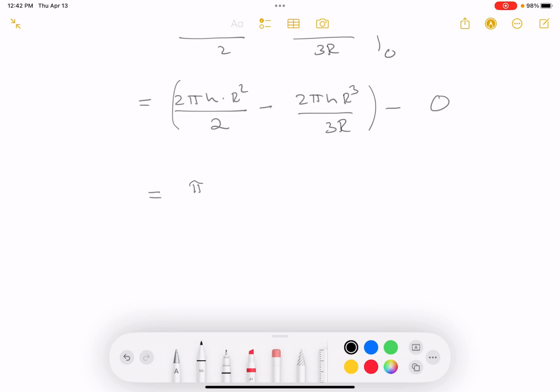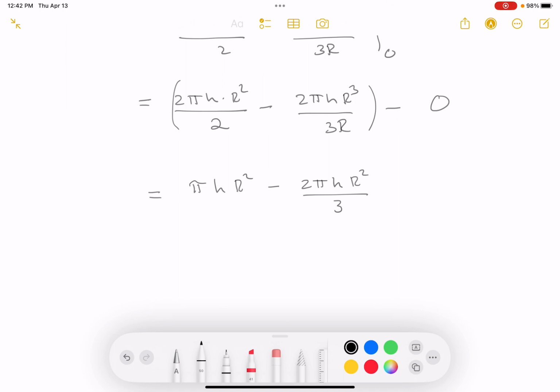You get pi h r squared. What do you get over here? You get minus 2 pi h r squared over... not over r, I'm sorry, I'm daydreaming. Let me get my eraser out. I canceled an r, that's why I said r squared. It's over 3.